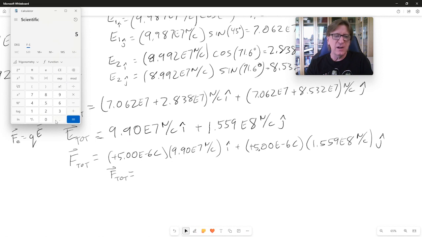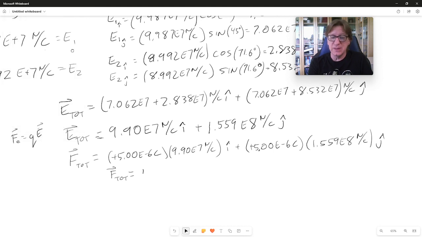So I have 5.00 e to the negative 6 times 9.90 times 10 to the 7. And that's 4.95 times 10 to the second, which you can leave that way, or you can just write that down as 495. The coulombs cancel. I'm left with newtons. That's good, because F should be in newtons.